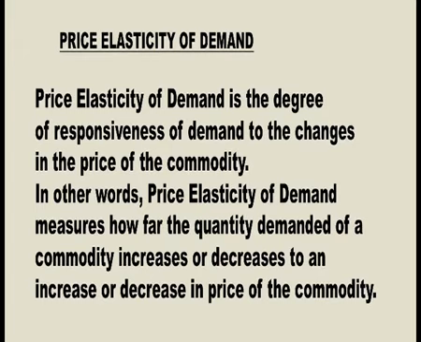Price elasticity of demand is the degree of responsiveness of demand to the changes in the price of the commodity. Other things remaining constant, how far the quantity demanded of a commodity increases or decreases due to a change in the price of the commodity.